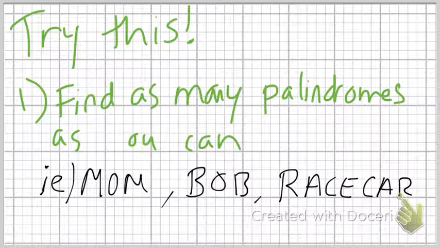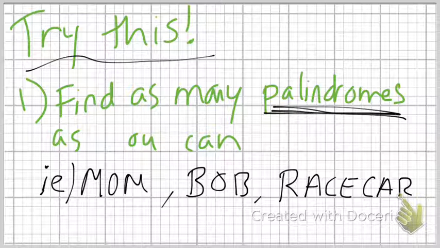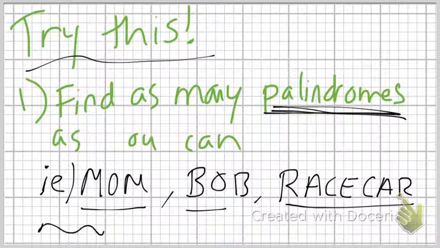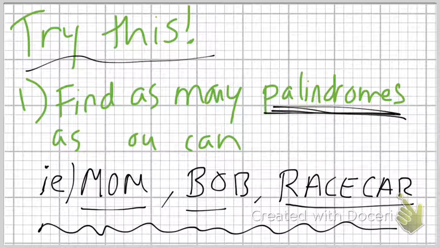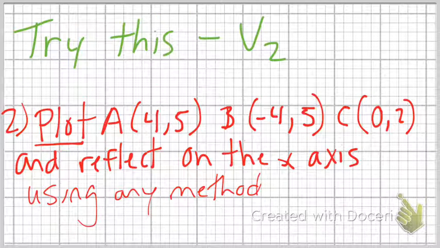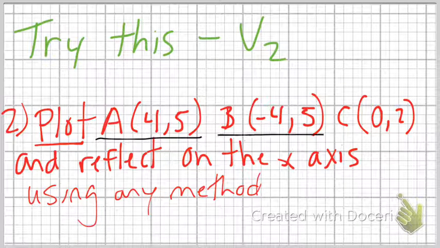Your try this challenge for the day is to find as many palindromes as possible. For example, mom, Bob, race car. There are some that are many, many letters long. Okay? And your second try this, I want you to plot the points A (4, 5), B (negative 4, 5), and C (0, 2), and reflect on the x-axis.